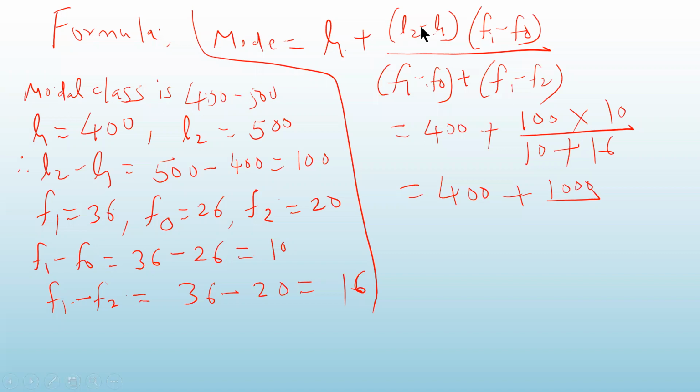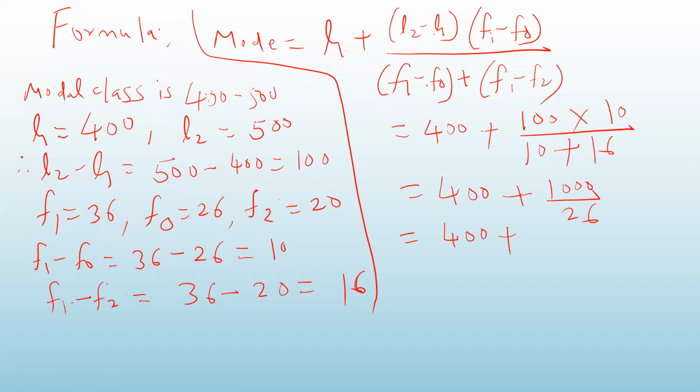See, in the numerator, ये दोनों ब्रैकेट के बीच में कोई भी सिंबल नहीं है, मतलब मल्टीप्लिकेशन, ये याद रखो. और ये जो F1 minus F0 है, वो ही हम यहाँ लिखेंगे, प्लस F1 minus F2. So 10 plus 16 is 26. Okay. So first, what you have to do, you have to calculate this 1000 divided by 26.